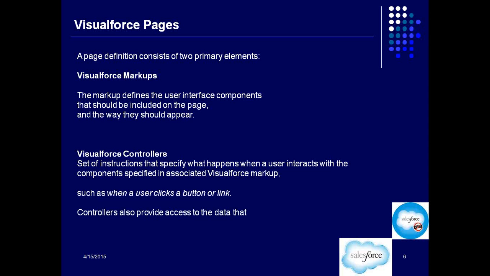Controllers also provide access to the data that should be displayed in the page. So controller not only controls the actions, it also controls what data will be displayed on the page. Okay. Whether all the records will be displayed on the page, or whether records which meet a certain criteria, they will be displayed on the page, that is also controlled using the controller. So that logic or that instruction is also supplied in the controller, right?